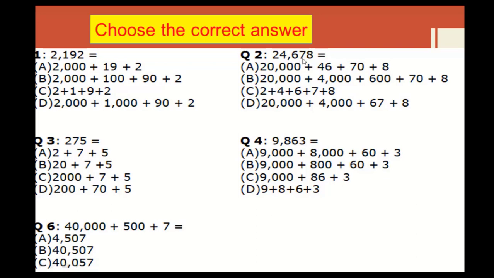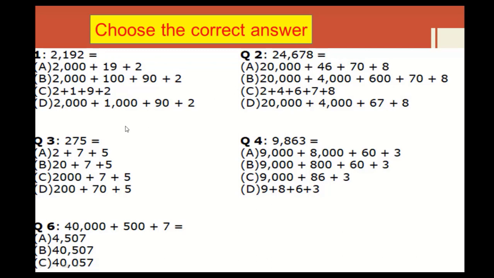Now we have to look where the correct answer is. Here hundreds are absent. Look at the B part. We have 20,000, 4,678. So option B is correct.